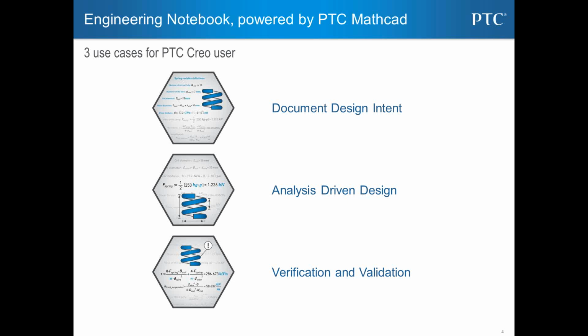Maybe it's some design notes that the CAD engineer jots down as he's designing that part, so that when he passes it on to a colleague or his manager opens it up, the manager could open up the Mathcad worksheet and read through what's going on in the CAD model. Why was it designed this way? The second 2 use cases, analysis-driven design and verification and validation, speak more to actually sharing data between Mathcad and Creo. I'll talk about that in a second.